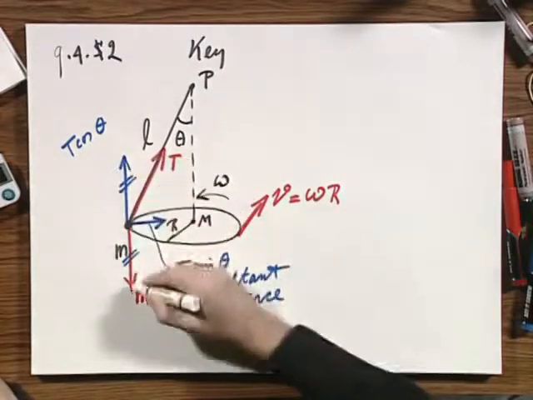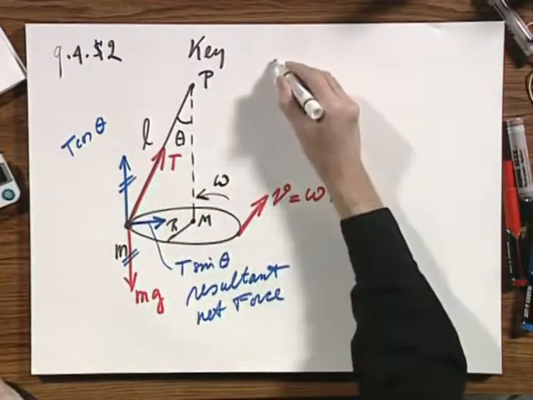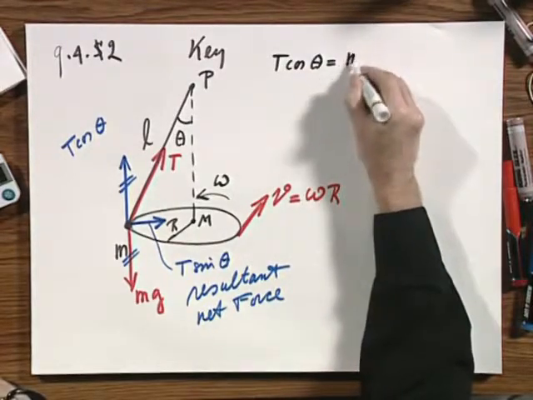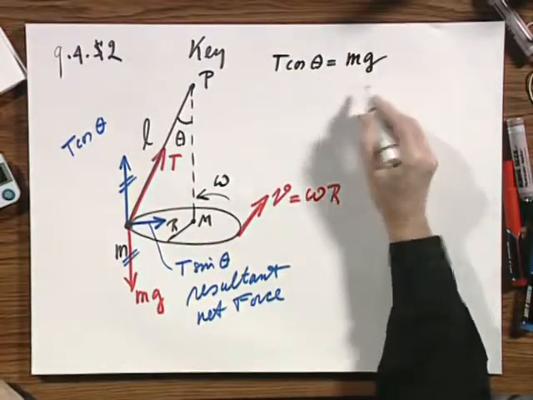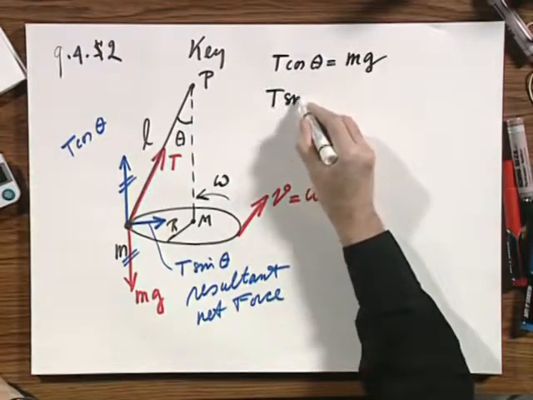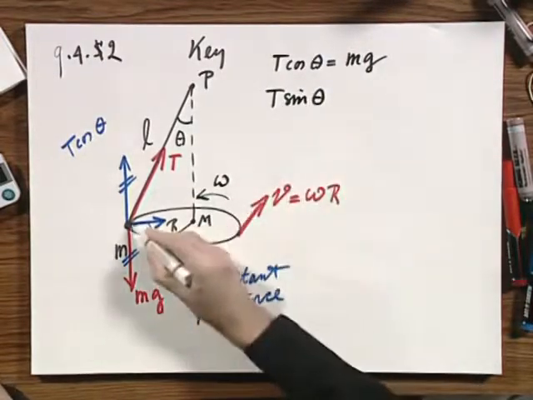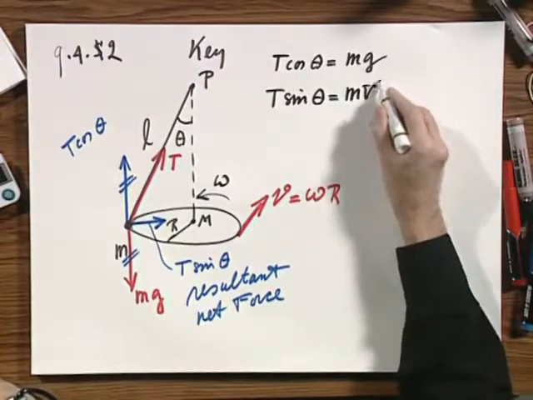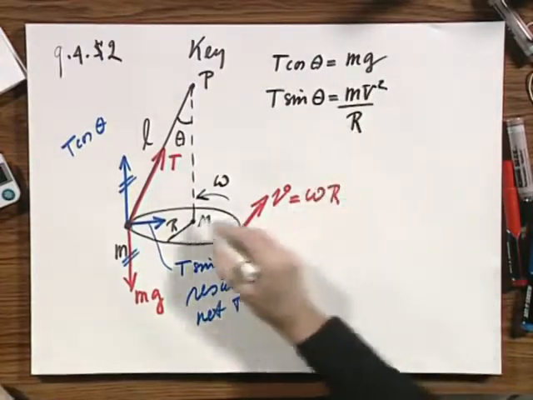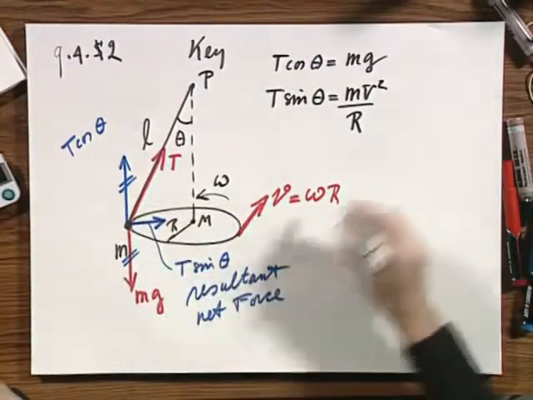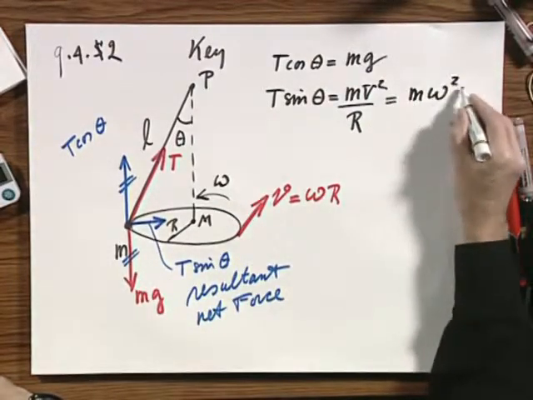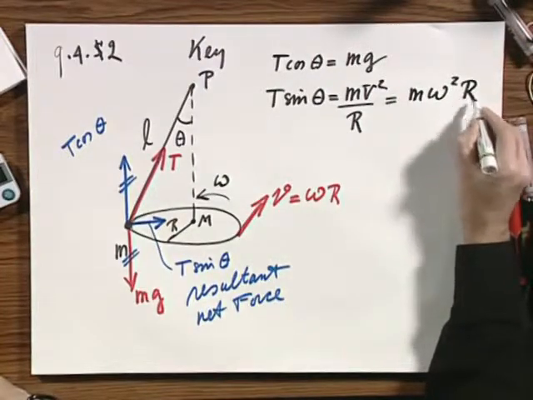Let us look at the vertical direction where there is no acceleration. So T cosine theta must be equal to mg. Further, T sine theta, which is this force, must be the centripetal force to make this object go around in a circle, for which I can also write down m omega squared r.